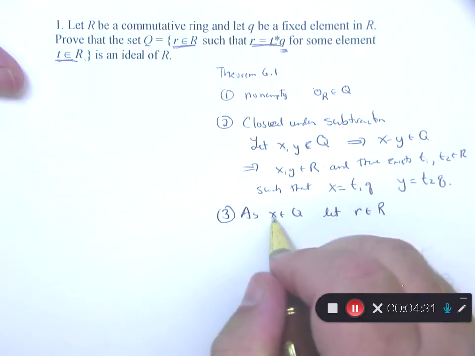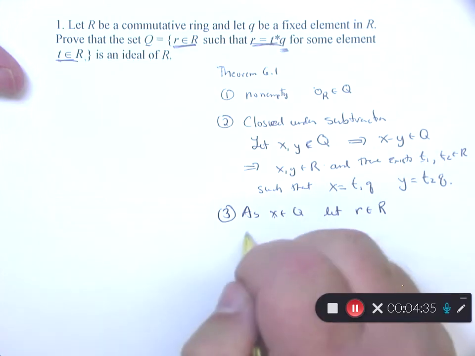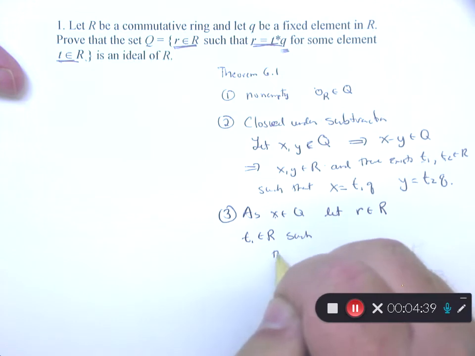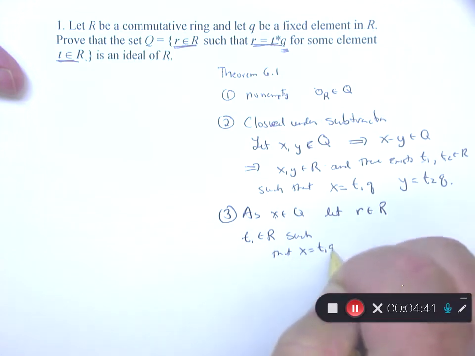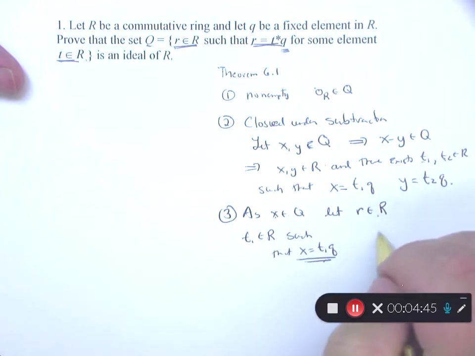Now, for X to be an element of Q, there also exists, there's that T1, there's that T1 element of R, such that X is equal to T1 times Q. So X is structured, r is arbitrary. We want to focus on X times r.